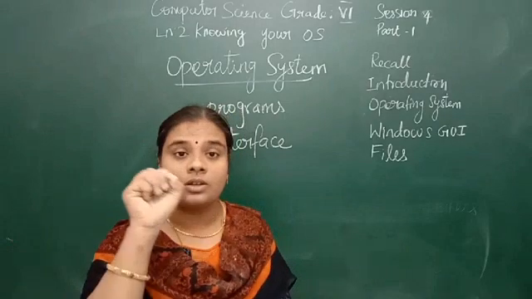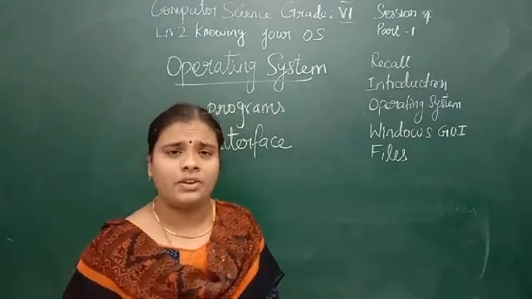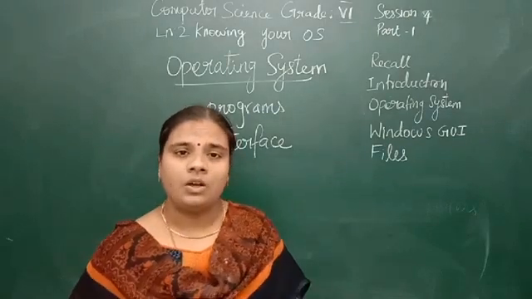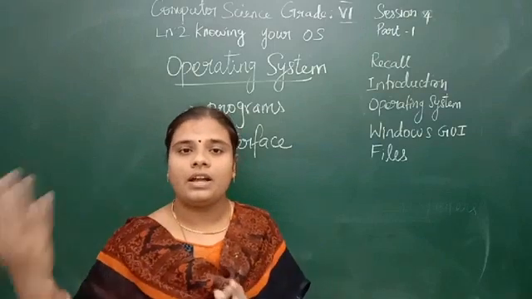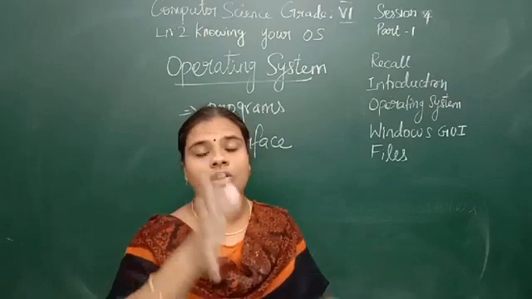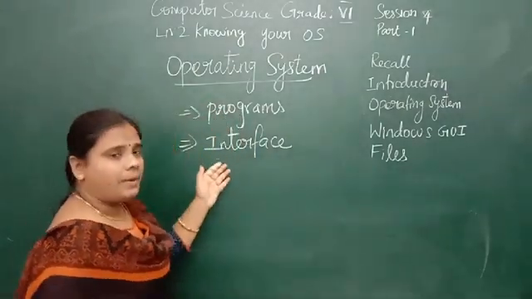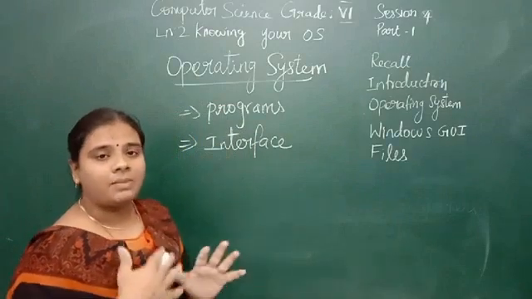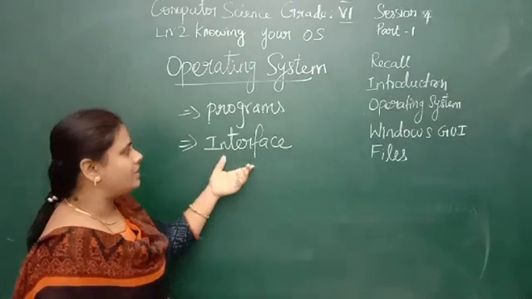Listen students, computer knows only zeros and ones. Whatever you are entering on a computer will be converted into zeros and ones, then only it is stored on a computer. So this operating system converts my language into machine level language. So it acts as an interface.